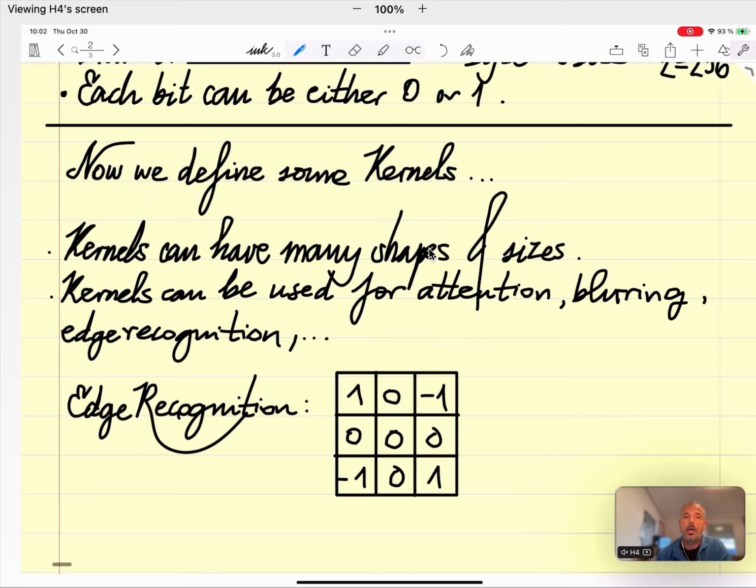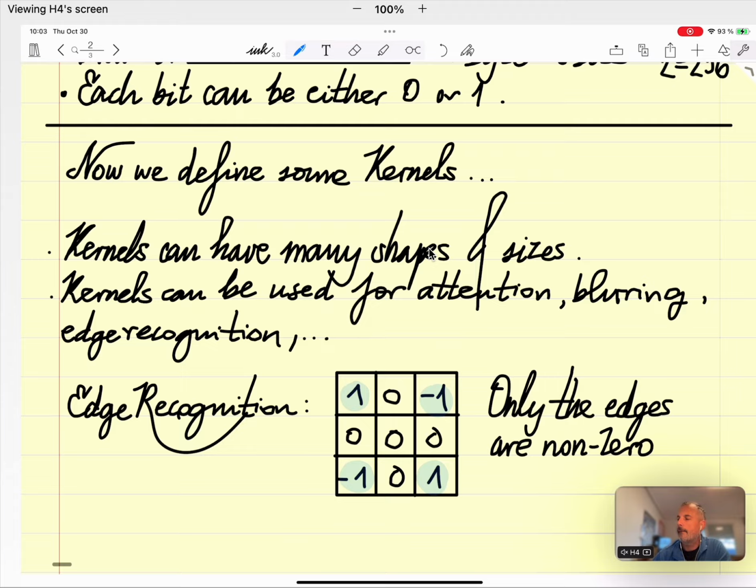Because only the edges are non-zero. So this is edge recognition.